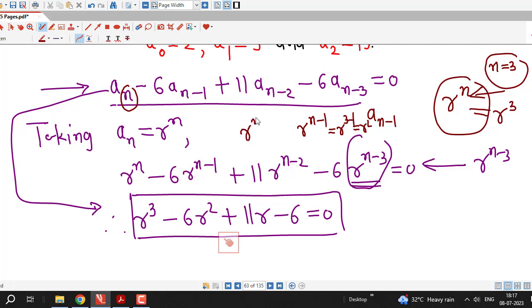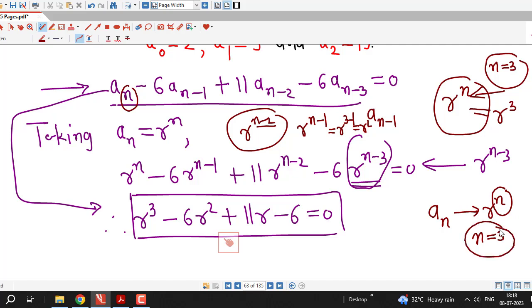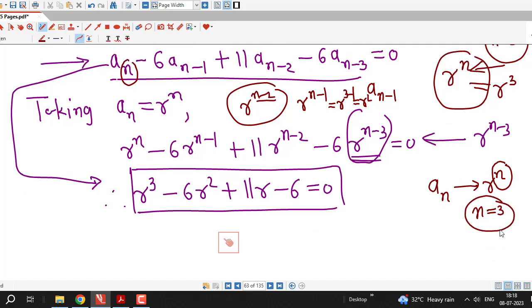Similarly, r raised to n minus 2, and I put n equal to 3, so I have r, and minus 6 equal to 0. In short, we are replacing an by r raised to n, and this n is replaced by the degree of the recurrence relation, which is 3 here. So using that logic, you can directly write down this characteristic equation.